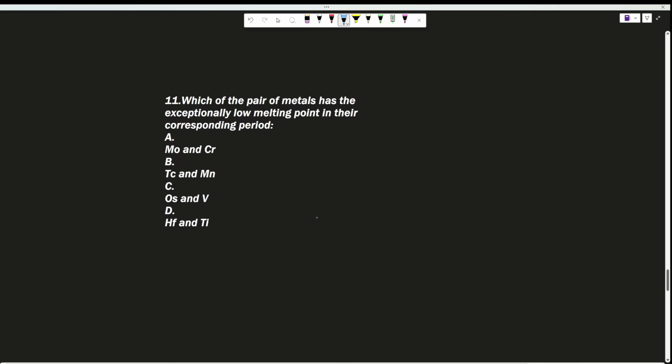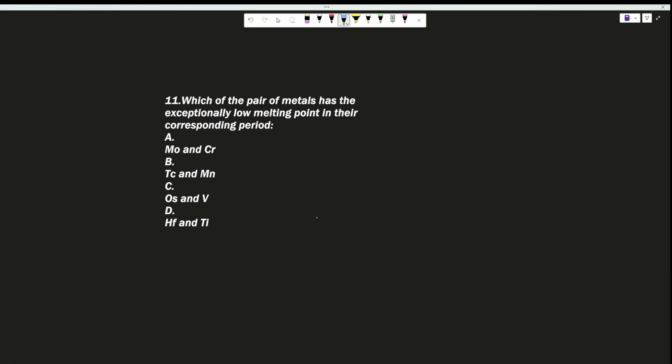Yeah, next. Which of the pair of metals has the exceptionally low melting point in their corresponding period? If you consider the melting points, you have to look at the curves given in NCERT. It is very beautifully shown how the melting point varies.